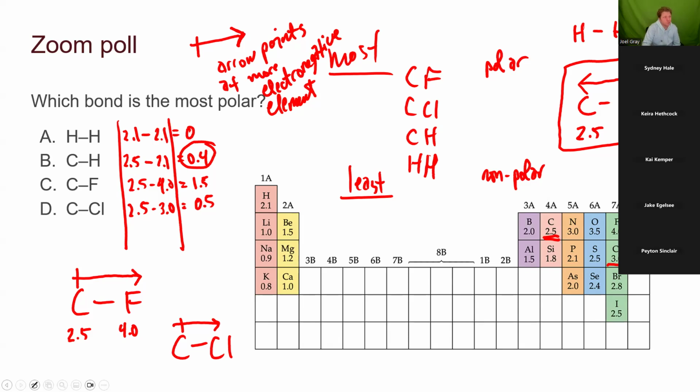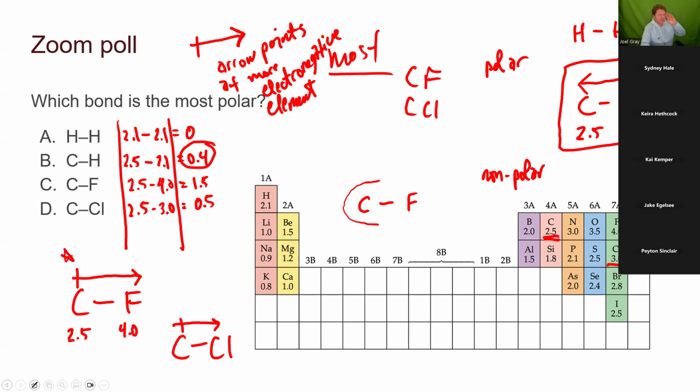Now, if I wanted to draw an electron density map for, let's say, CF, what I would do is the smaller side corresponds to the more positive side.